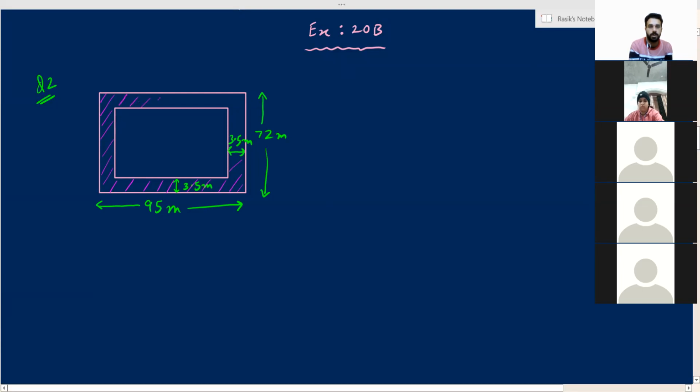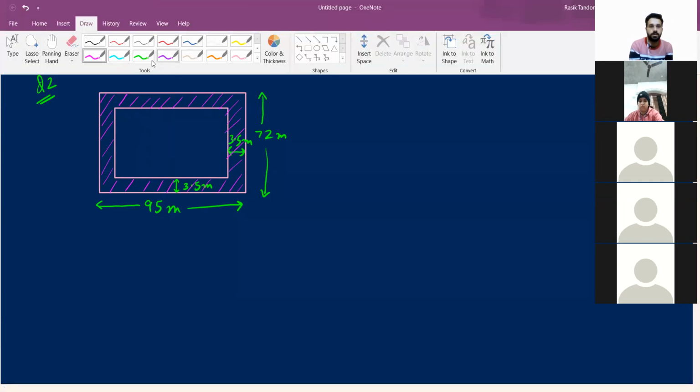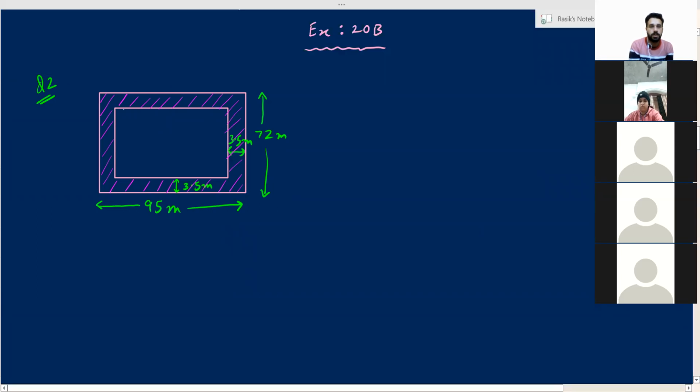Inner portion is what? I will show you. So let me shade this inner portion with a different color. Let me shade it with white. This white portion is the portion where you have to lay the grass.